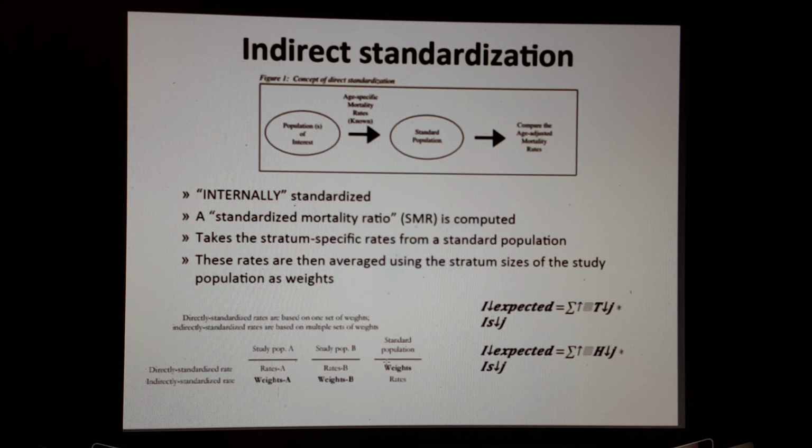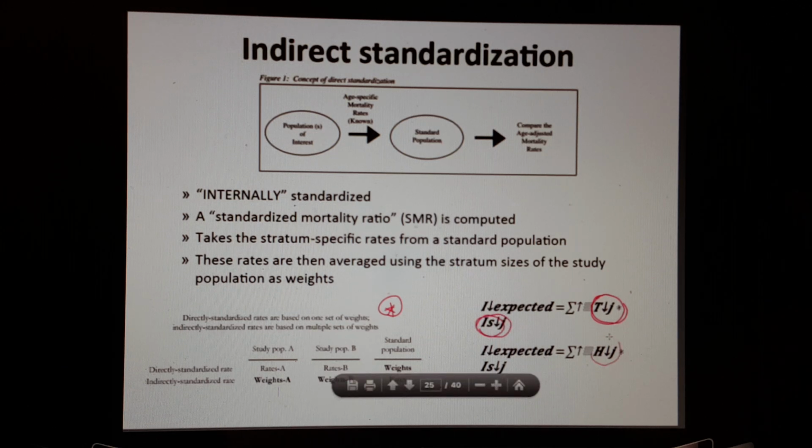Okay, so this is also a good table to tell you where you're getting weights from. Similarly, this is for rates, and this is for risks. It's telling you here that this is your rate in the standard population, and the weight in your population, and this is the rate in the standard.